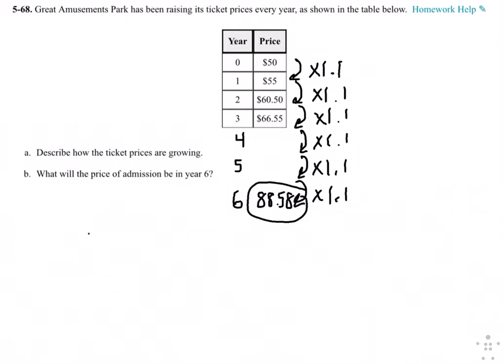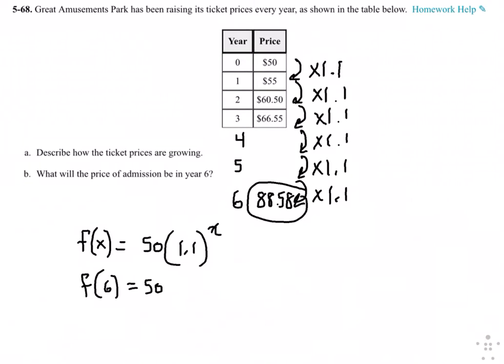Now, if you remember to write the equation, we could write it, right? We could say, f of x, or y, right, equals the 0th term, which is 50, times the multiplier, 1.1, raised to the index, right? So now I could just have said f of 6 equals 50 times 1.1 to the 6th.